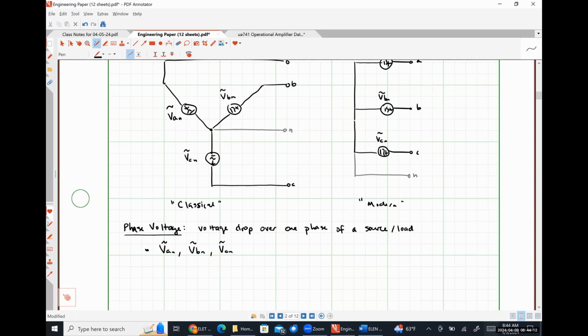So I'm always going to talk about things in terms of phase voltages, and what we're going to talk about in a moment is line voltage. A phase to neutral or a line to neutral voltage is just a voltage that's measured between a phase conductor and the neutral conductor. So it's nothing particularly difficult to understand. I'm just not going to use that terminology because it can get awkward.